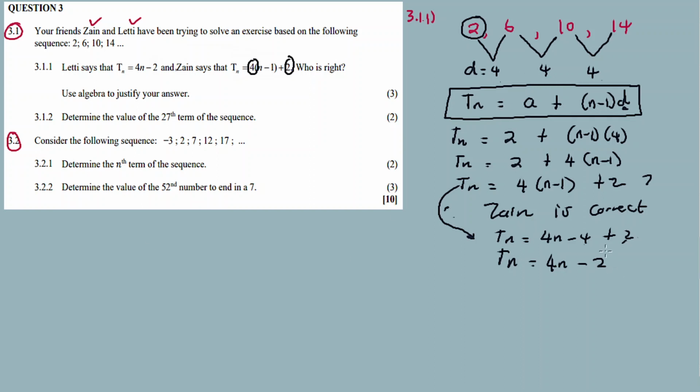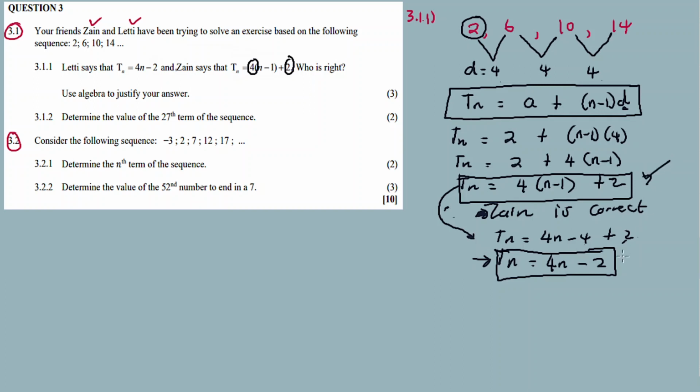Guess what? All along they were arguing over nothing. Both these formulas are correct. It's just that in one we simplified further, and in the other we did not. So if the answer is Zane is correct, I think it's only half right, because Leti's is also correct, with the only difference being that Zane did not simplify further, but Leti did.